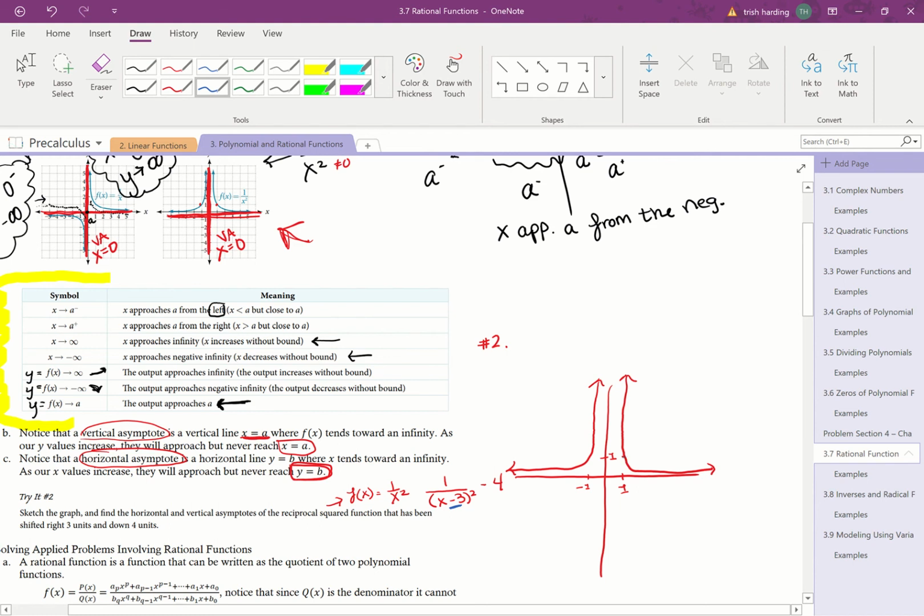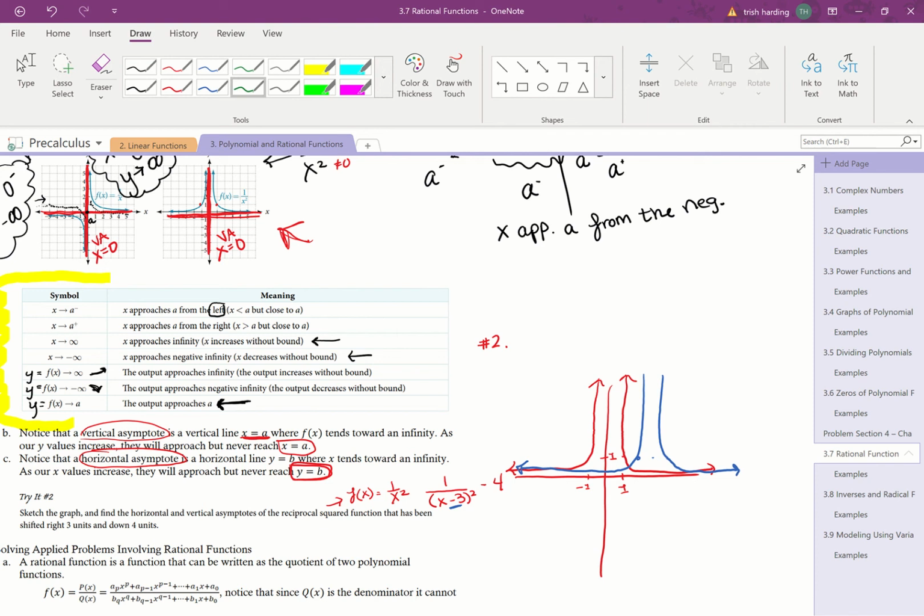We're going to go from 1, 1 to 2, 1 to 3, 1 to 4, 1. So now we're going to have something like this. And this will go from negative 1 to 0 to 1, 1 to 2, 1. And that's what we have.